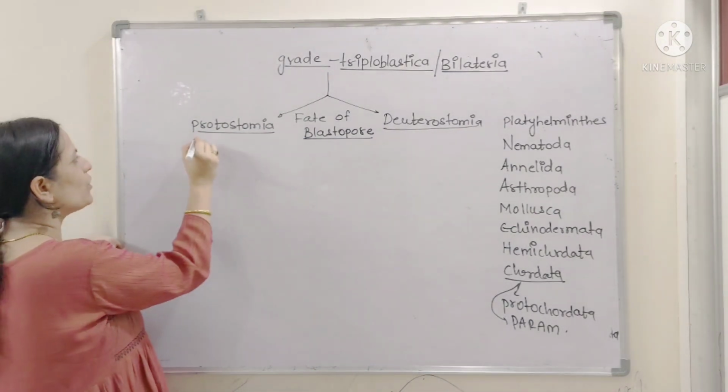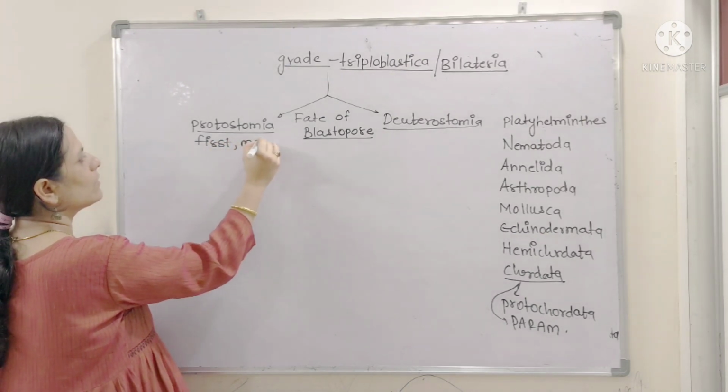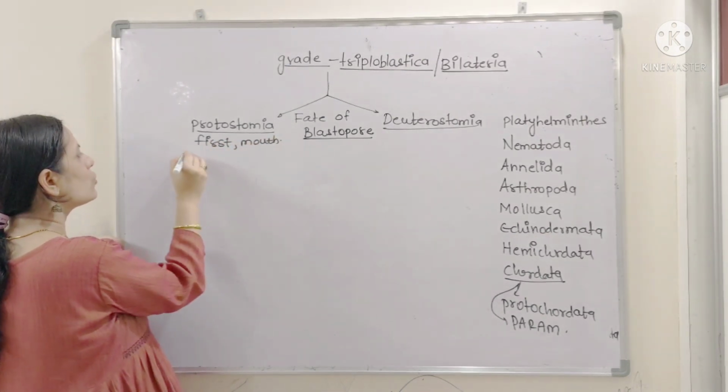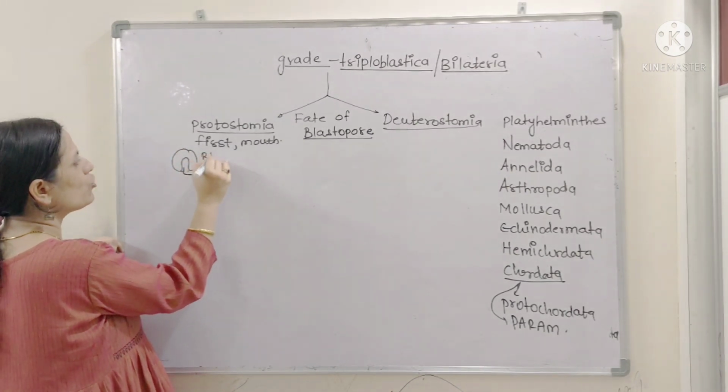Protostomes, proto means first, stoma means mouth. So animals in which blastopore develops into mouth.